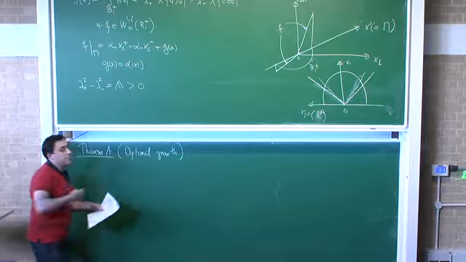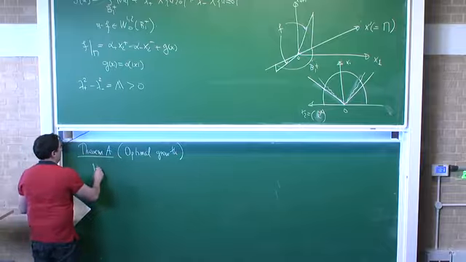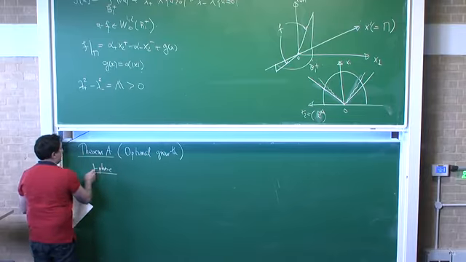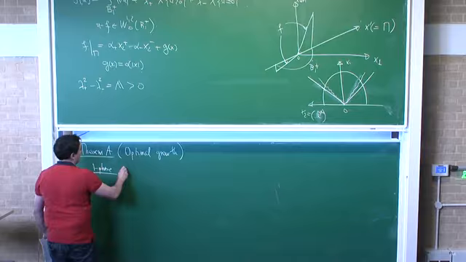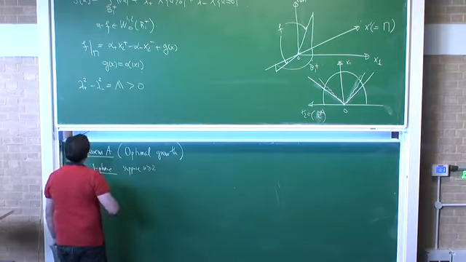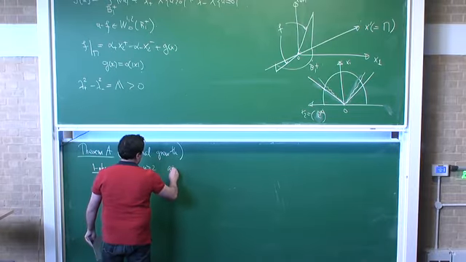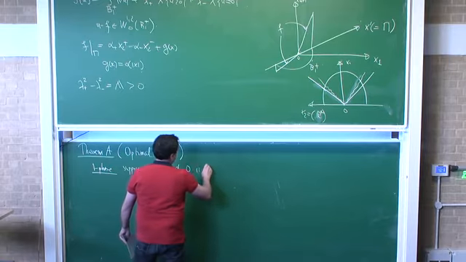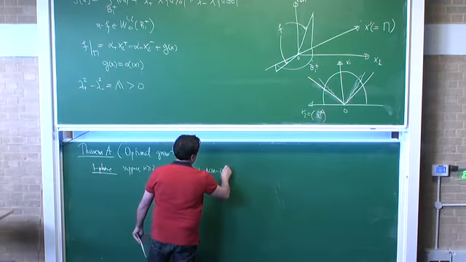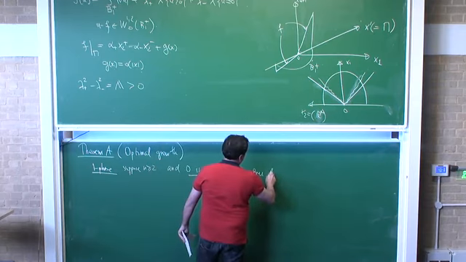I'm going to separate between the one-phase and two-phase cases. Suppose that n is bigger than or equal to 2, and the origin is a non-isolated free boundary point.